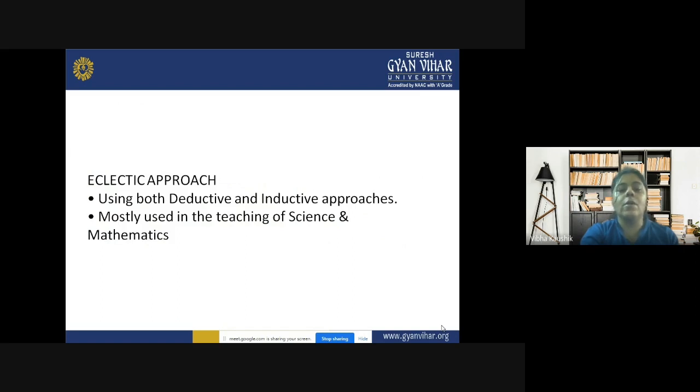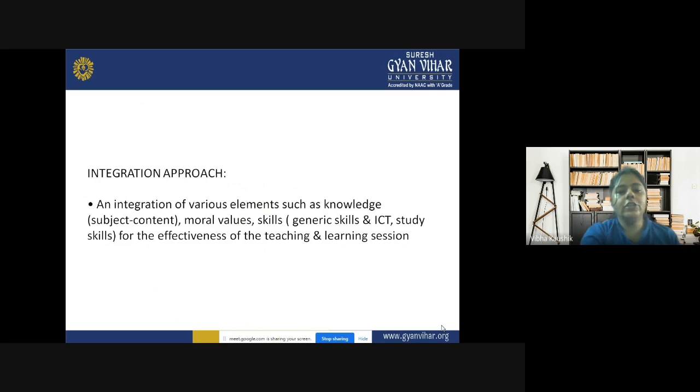It is an integration approach: an integration of various elements such as knowledge, the subject content being taught by the teacher; moral values, the different moral values the teacher wants to inculcate in the students; and skills, the different skills the teacher wants the students to develop. Generic skills and ICT study skills support the effectiveness of teaching and learning sessions.